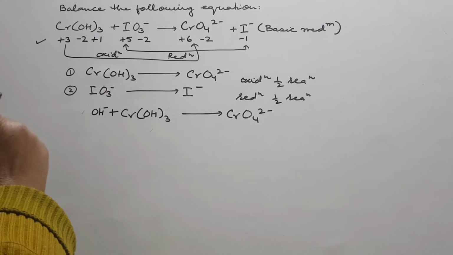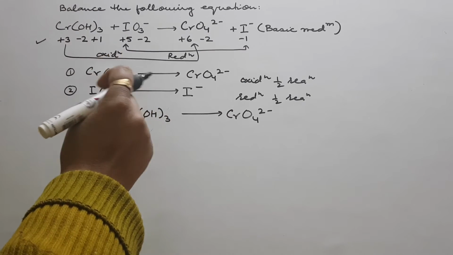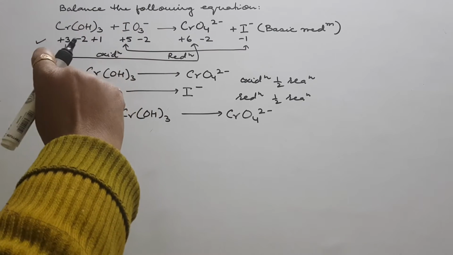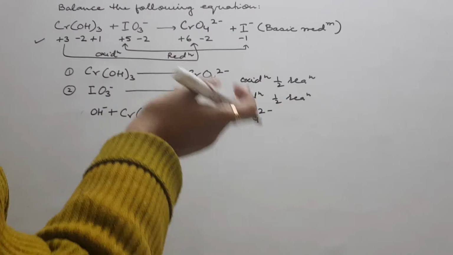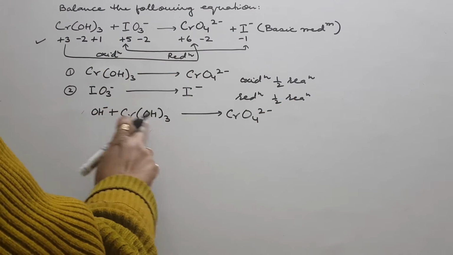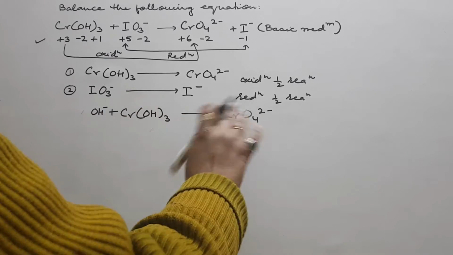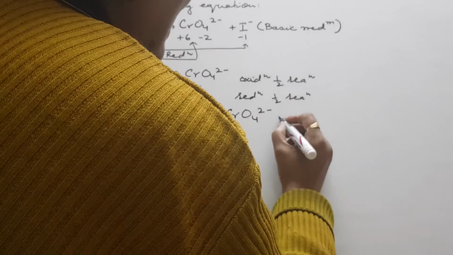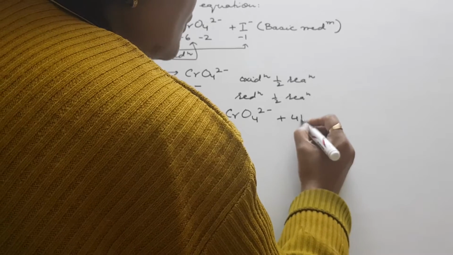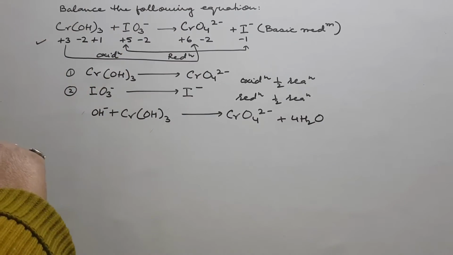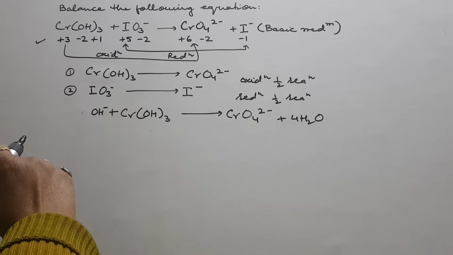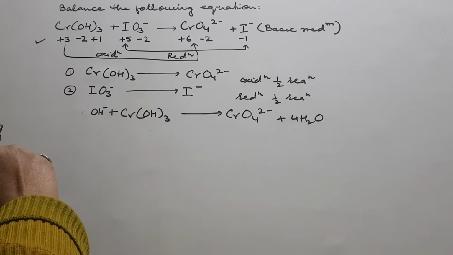Next is balancing of H. The rule says for balancing of H, I have to write the same number of H2O. I can see here I have 3 and 1, that is 4 H, and that side no H. So I have to write 4H2O on the deficient side. And on the opposite side, I will have to write an equal number of OH minus.